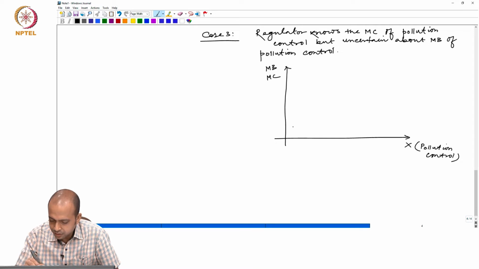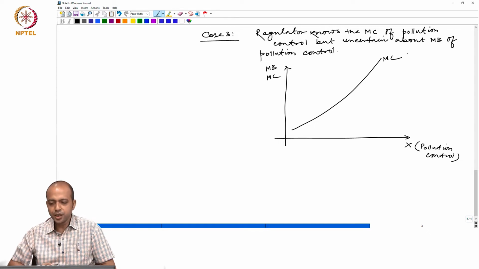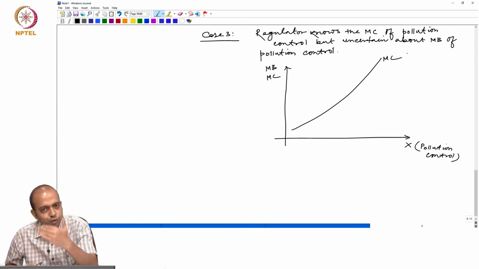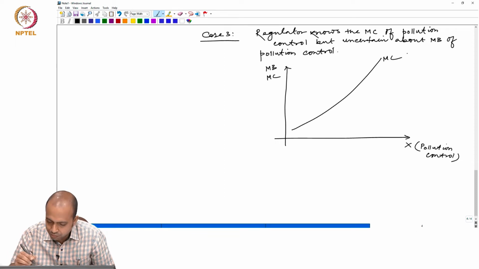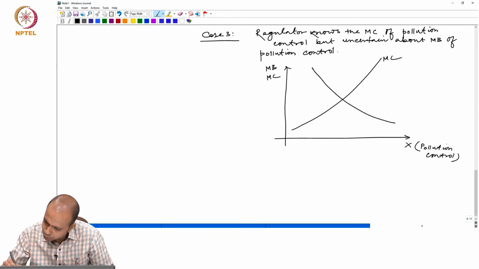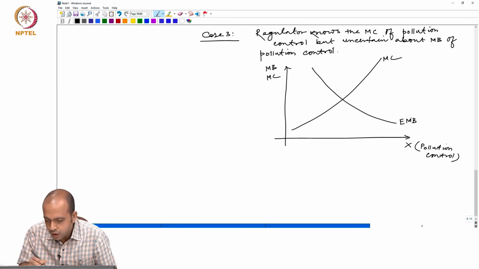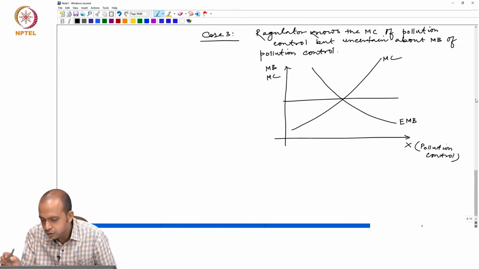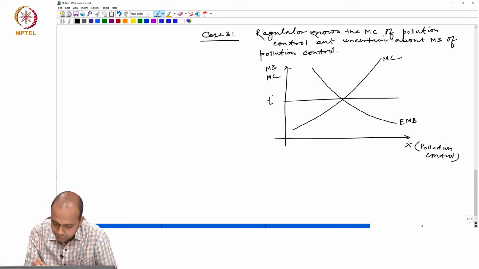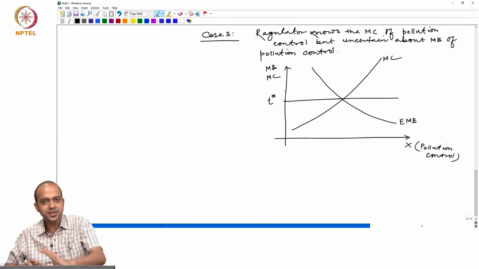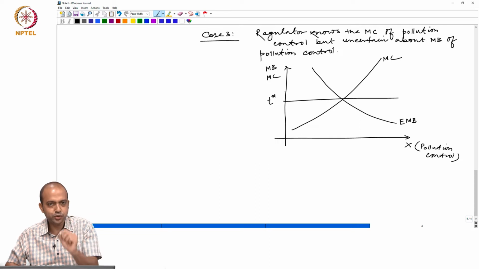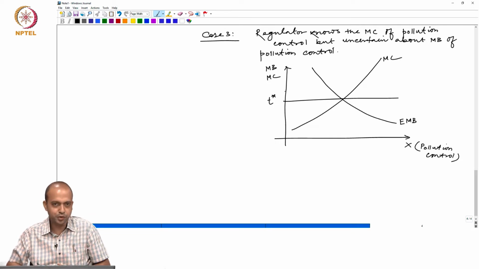Let us say that this is our MC, but uncertain about the MB. So, that means regulator will work with expected MB. So, let us say that this is our expected MB, EMB. So, again the intersection will give the tax rate. So, to analyze these cases, what you need to do, first step is to decide always about the tax rate, optimum tax rate.